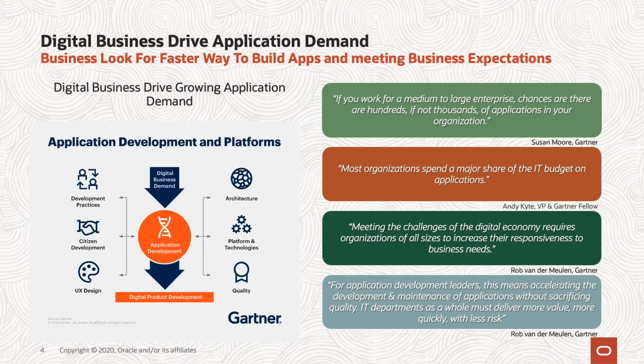It's driving a lot of enterprises to scale up their development practice, their citizen development, their UX design, architecture, platform technologies, and also the quality of the practices, as this is a very high priority, especially for those top-performing organizations. Now, you might work in an organization, or you might have seen organizations, that have thousands and thousands of applications developed over the years to support their businesses.